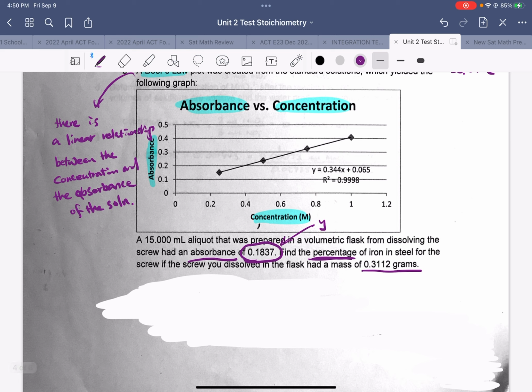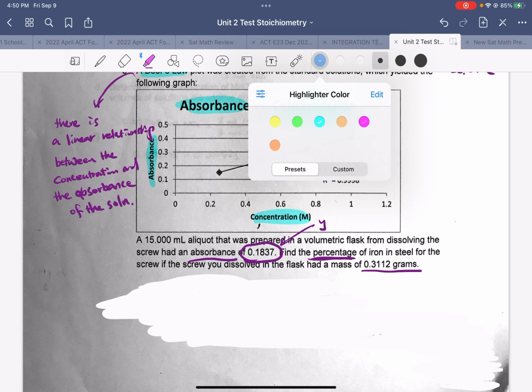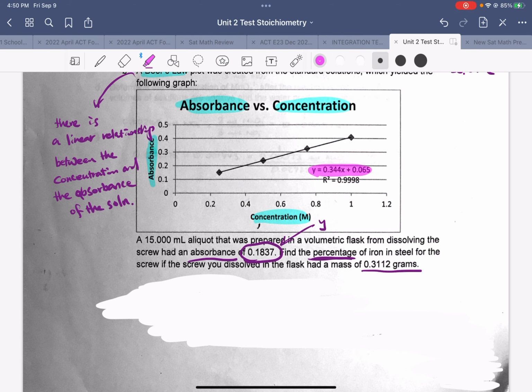You start with that y value, so I'm going to use the equation they gave you right here. I substitute that y value: 0.1837 equals 0.344x plus 0.065. If you compute your x value, which is the concentration, you have 0.345 molarity. Using a calculator you can get the x value.